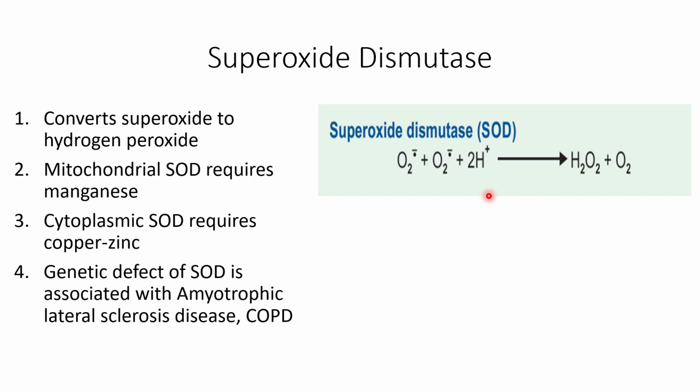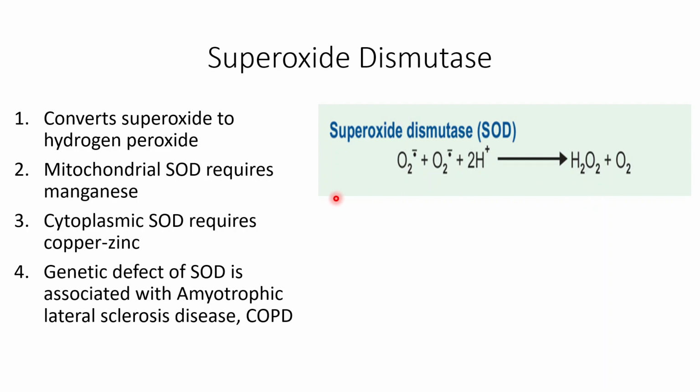First, the superoxide dismutase. Superoxide dismutase, or SOD, converts superoxide to hydrogen peroxide. Now we have mitochondrial superoxide dismutase and cytoplasmic superoxide dismutase.